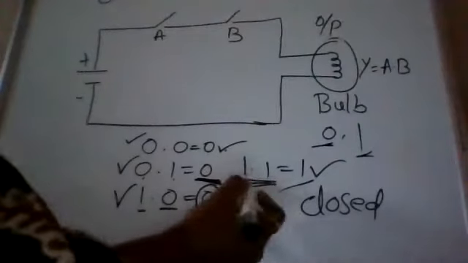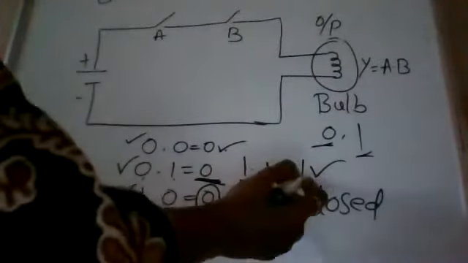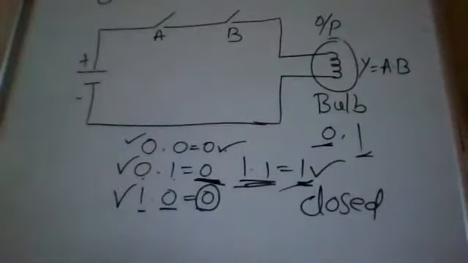So in case 4 only, both the inputs are in 1 condition. 1 condition means both the inputs are closed. In closed condition, we get the output 1. Output 1 means bulb will glow or bulb will be in on condition. This is the electronic version of the AND gate or electronic circuit for AND gate.